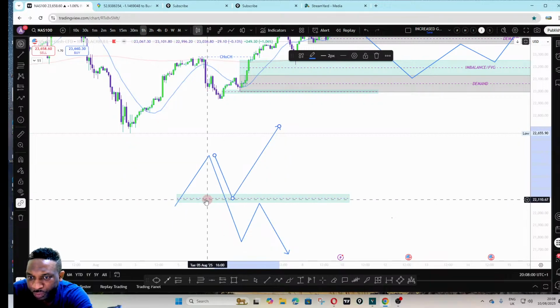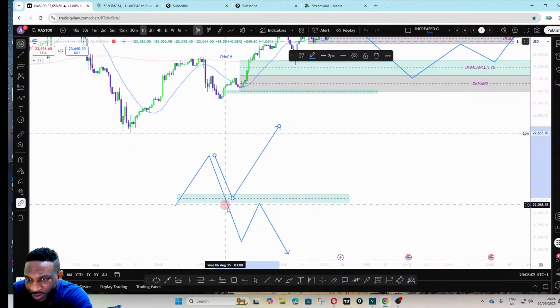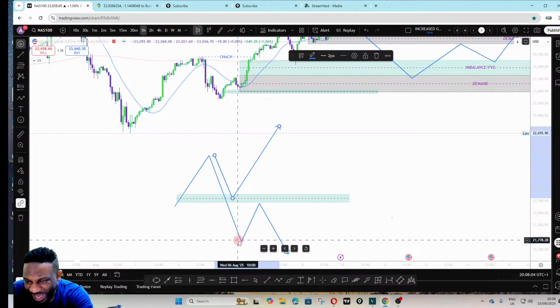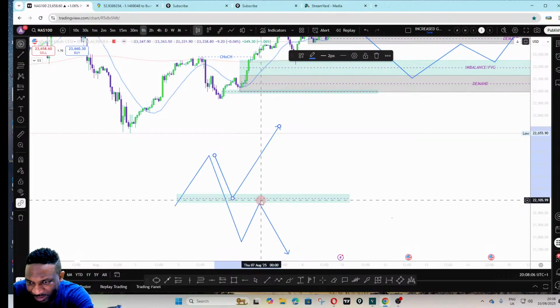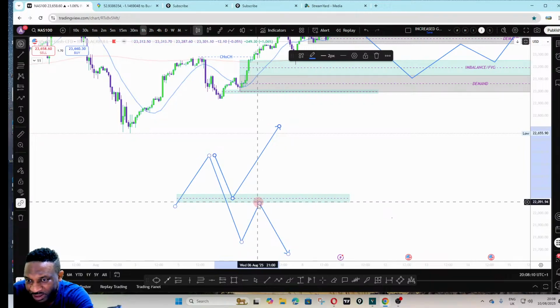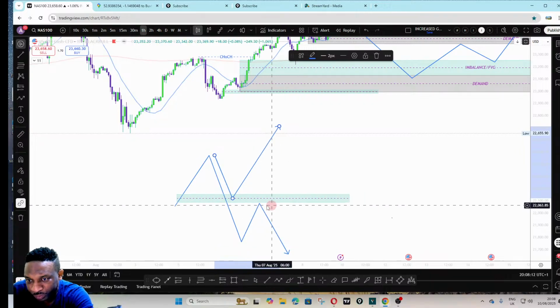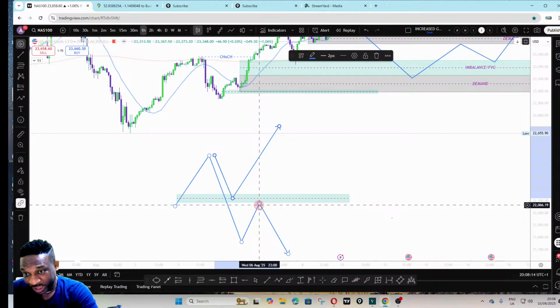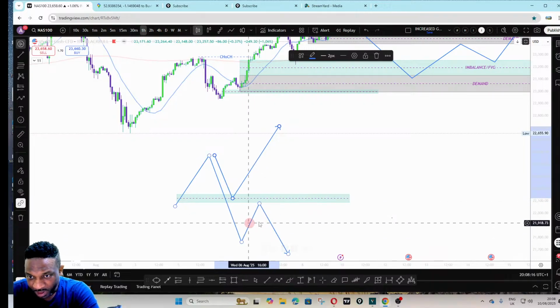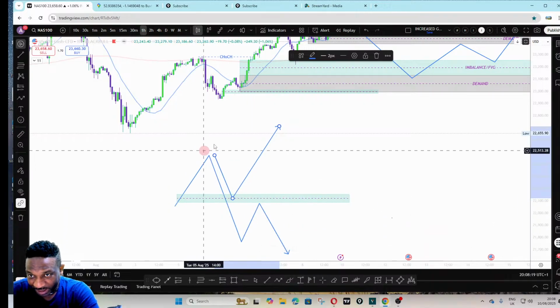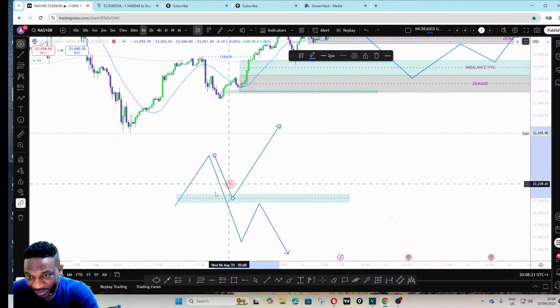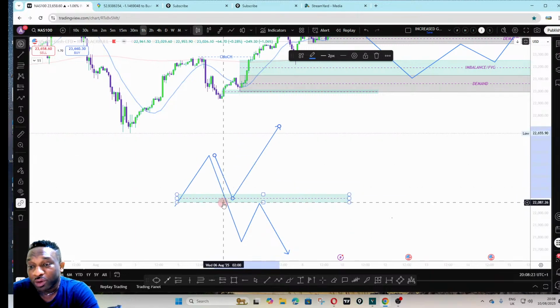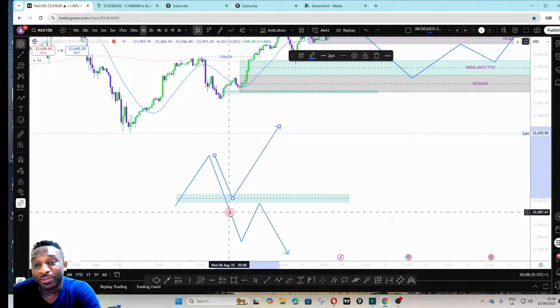Price broke through that area of imbalance, and now price came back and tested the area. So now this is an inverted imbalance zone, or inverted fair value gap. Anytime I am in an area where I see this, it's an extra confluence, an extra confirmation for my entry.